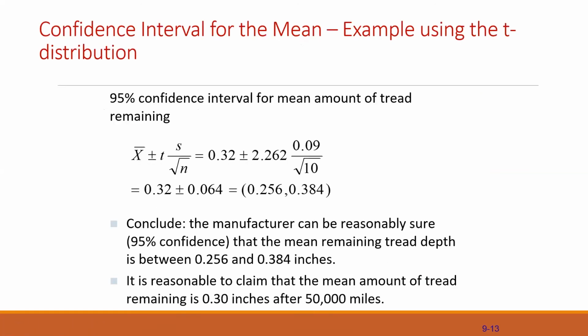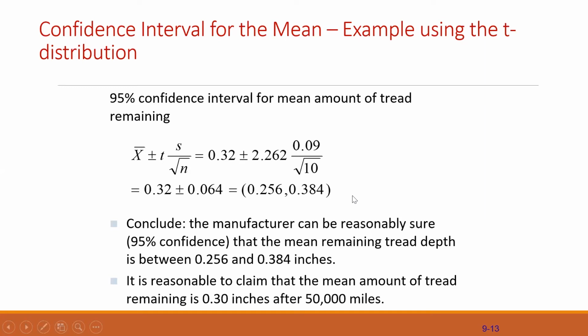So we can construct the interval as follows: plug in the numbers, go through the calculation, and eventually we get this range, 0.256 at the lower end and 0.384 at the upper end, which basically means the average amount of tread remaining for all tires after being driven for 50,000 miles should be between 0.26 and 0.38 inches.